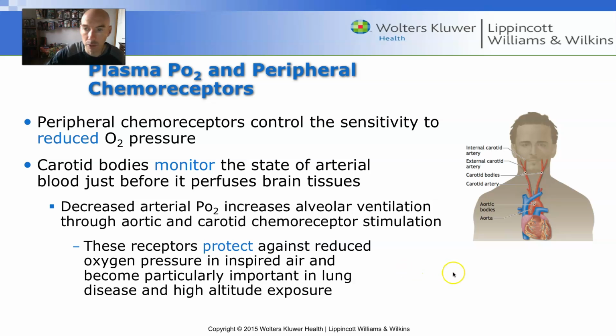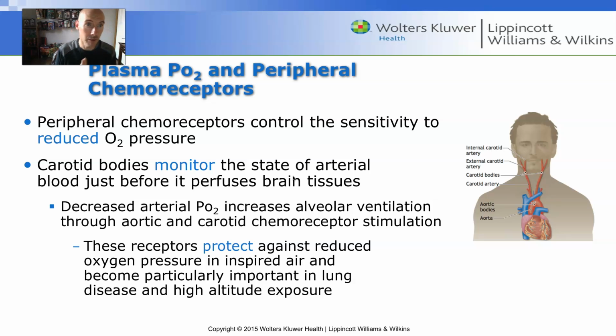A couple specific ones are located here in our carotid arteries. They're called the carotid bodies. They monitor different things going on in the blood that is being fed to our brain. Obviously, our brain is our most important organ, right?